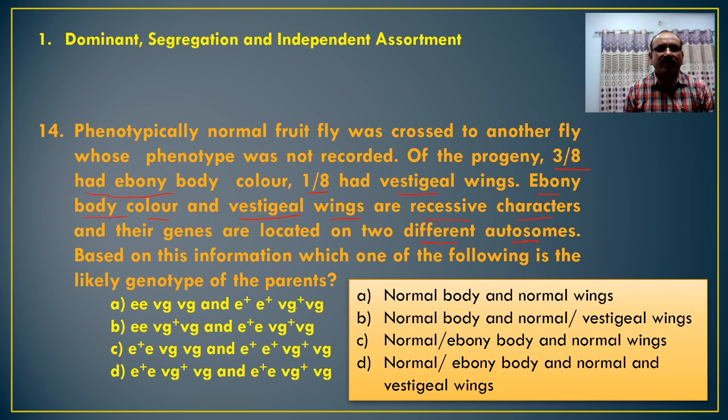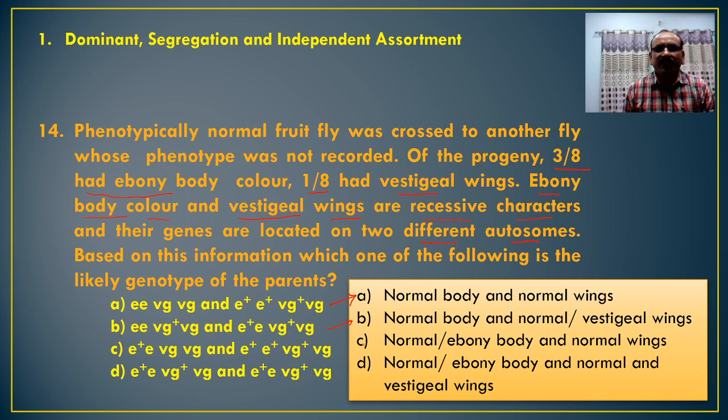Hence, in such parents we will have the progeny with the normal body and the normal wings. But here what we have as the result is the ebony body and the vestigial. So these two should be there. In the second option, we will have the progeny with the normal body and the vestigial wings. Again, that is not in the answer.